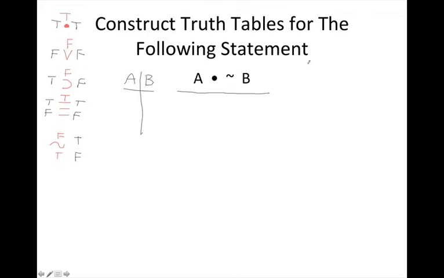So the number of lines or rows in the truth table is 2 to the number of simple statements. And so you have here 2 simple statements, so 4 rows.